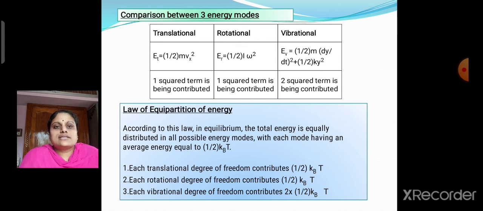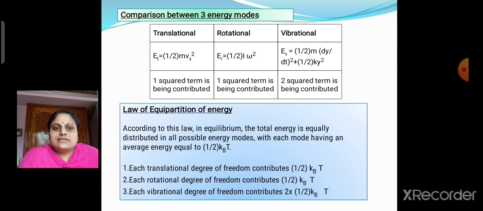Now let us conclude these degrees of freedom and look at the law of equipartition of energy. According to this law, in equilibrium, the total energy is equally distributed in all possible energy modes, with each mode having an average energy of half kBT.